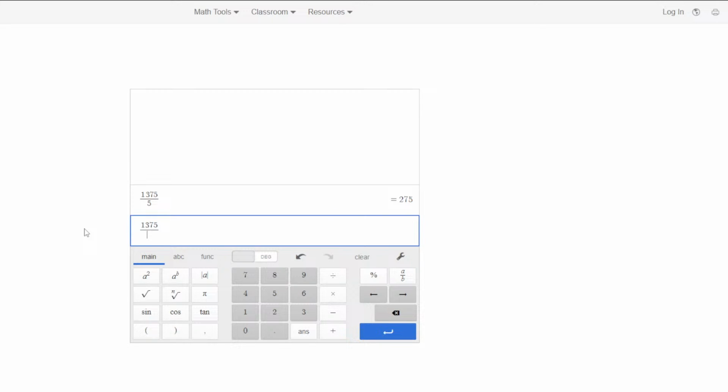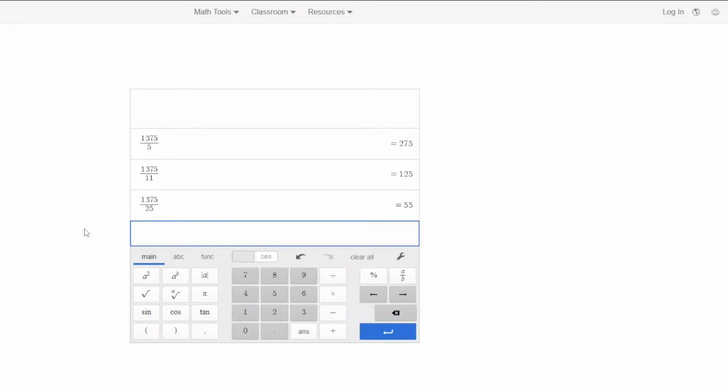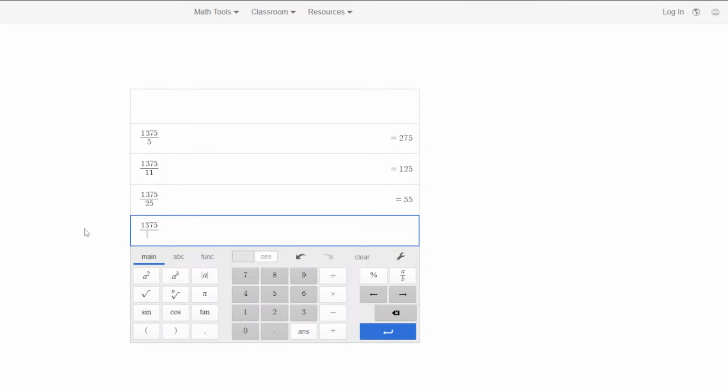X equals 12. False. No, it's true. Why is it true?